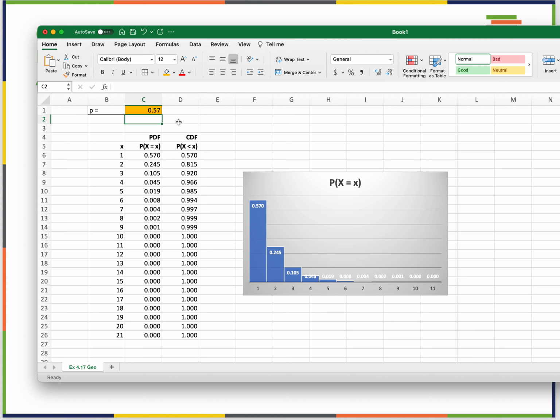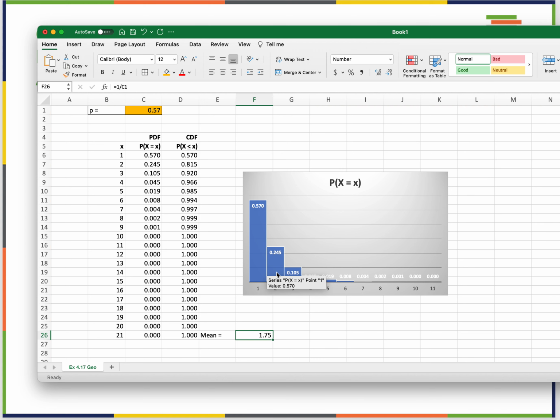Here, if I want to calculate the mean, I would say, probably let's put it over here, mean equals, in this case, 1 divided by 0.57, equals 1 divided by 0.57, or I expect to have 1.75 trials until I get my first one.